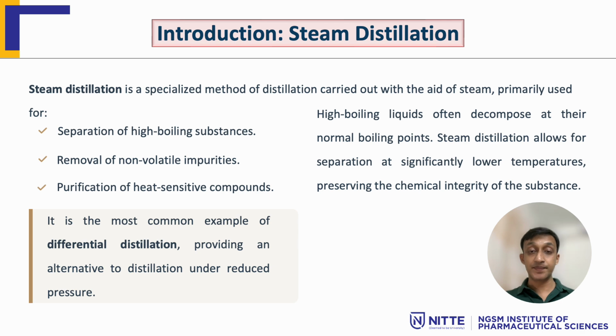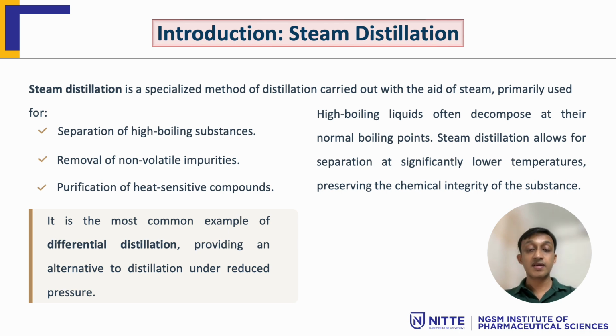Steam distillation is a specialized distillation technique carried out using steam. It is primarily used for substances that have high boiling points, tend to decompose at their normal boiling temperatures, are immiscible with water, and are unsuitable for conventional distillation.